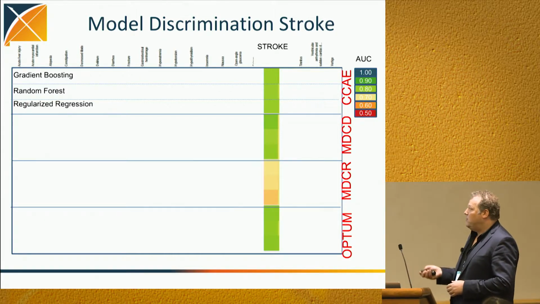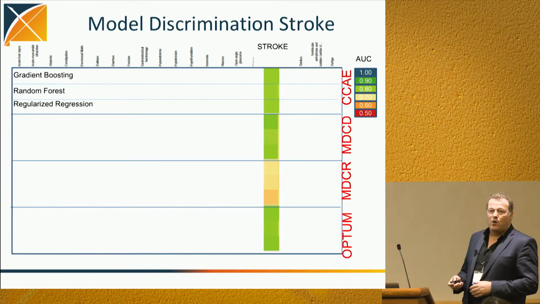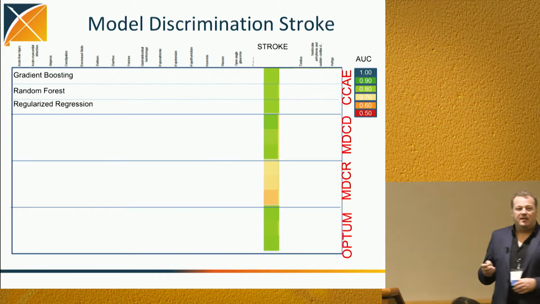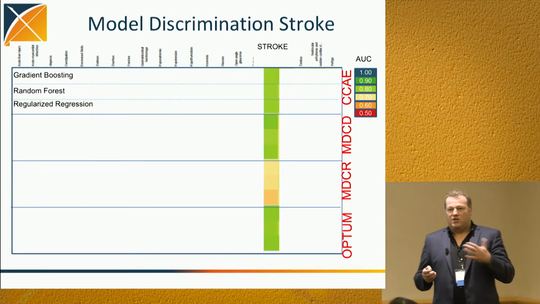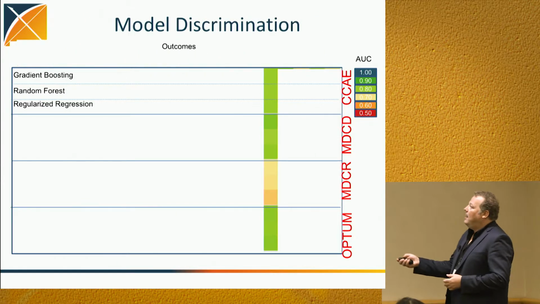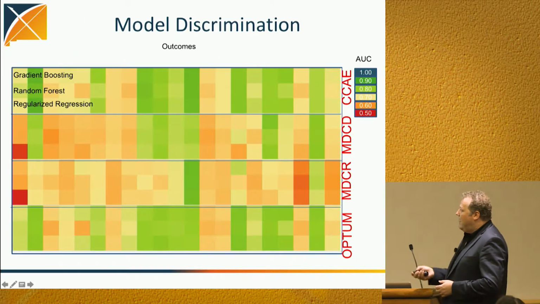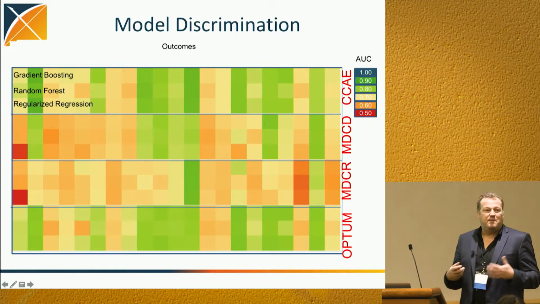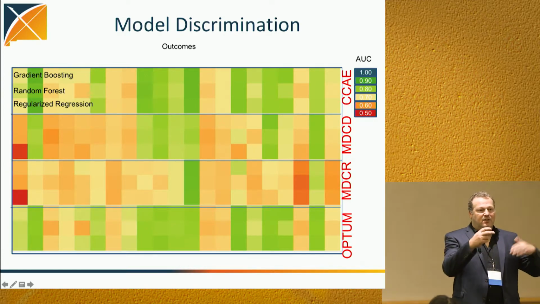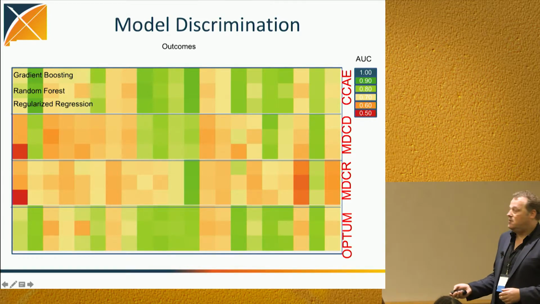You see here that we are able to predict that well, and that there's not a lot of difference between these different algorithms. The nice thing is that because of the framework, we can scale this up very easily, and we can create this type of figure where you have an overview of the discrimination of all those three different algorithms across the outcomes, across the different data sets.